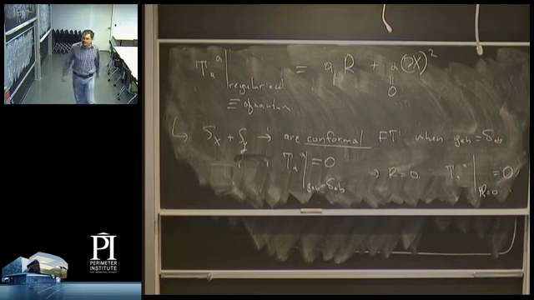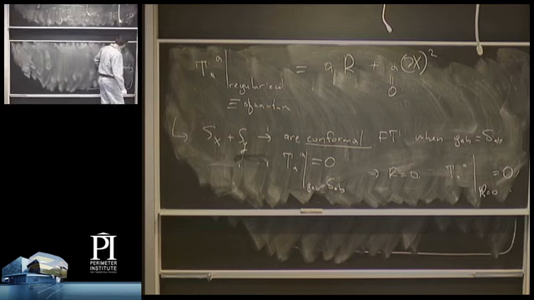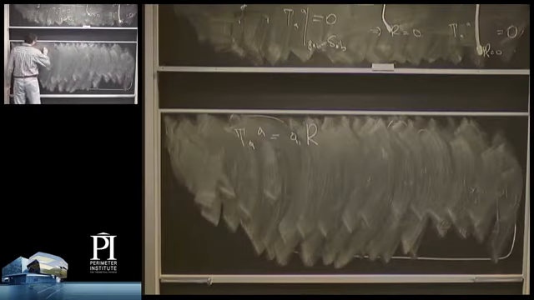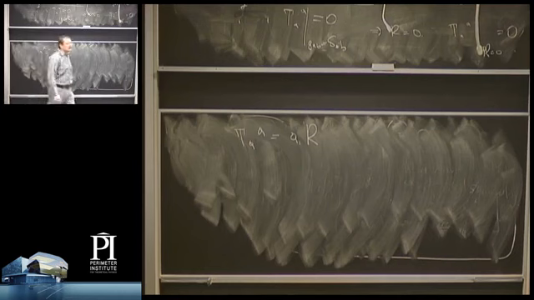So what we discovered is that for the particle action, the only thing that can happen is that the trace of the stress energy tensor is going to be equal to A times R, where R is the Ricci scalar on the worldsheet. All right, so any questions so far?